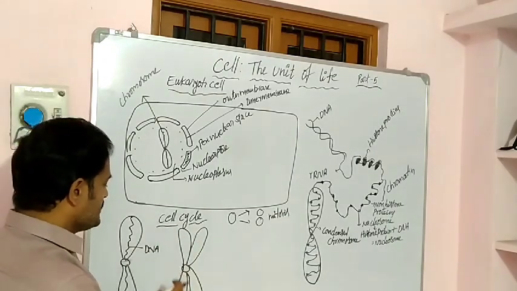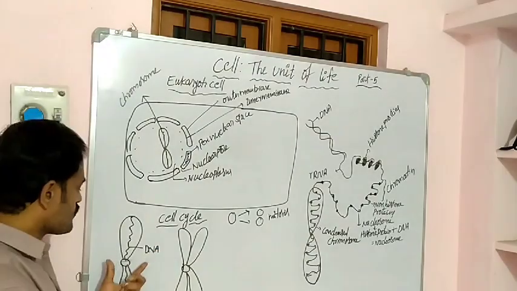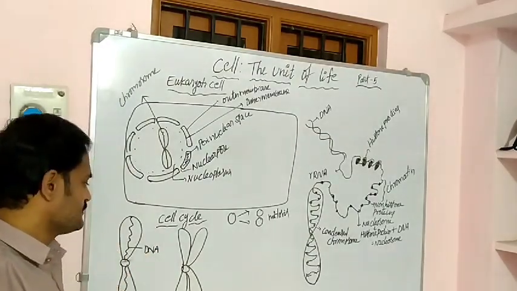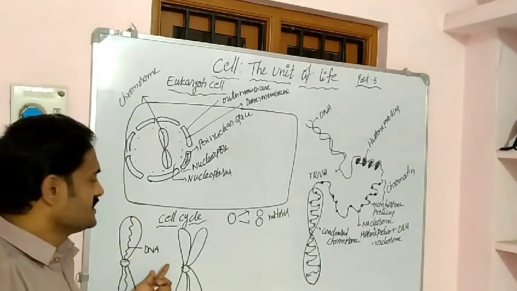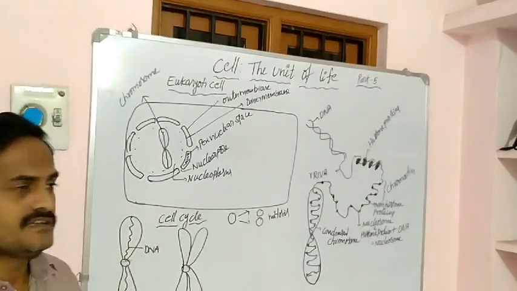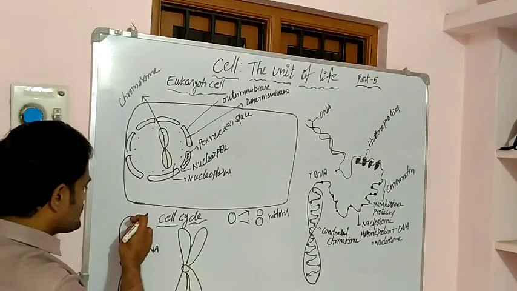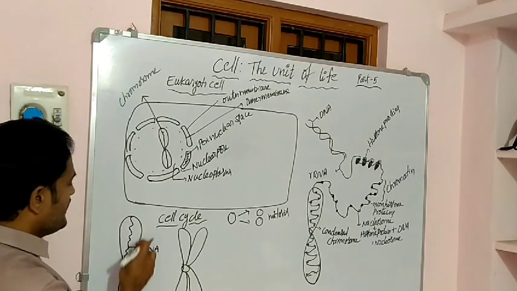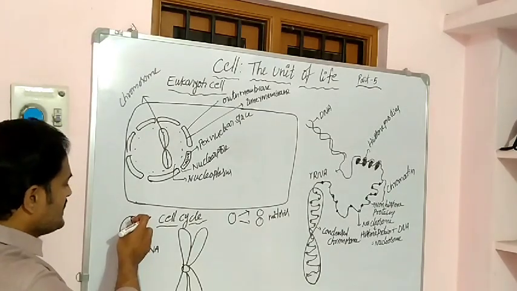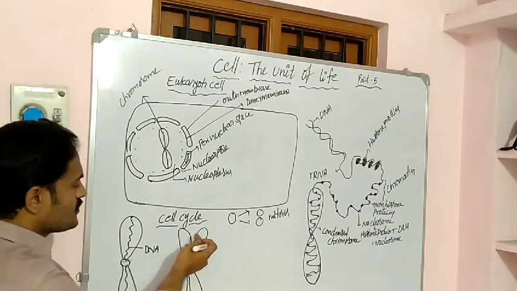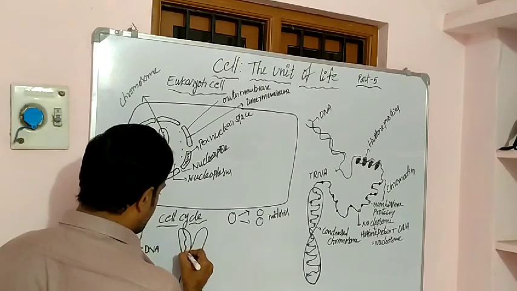How do we determine both are single chromosomes? Before cell division, the chromosome structure looks like this. When the cell enters into cell division, during the metaphase, the chromosome number will double. See here, the genetic material or DNA present inside the single chromosome first copies itself, so the DNA will be double here.